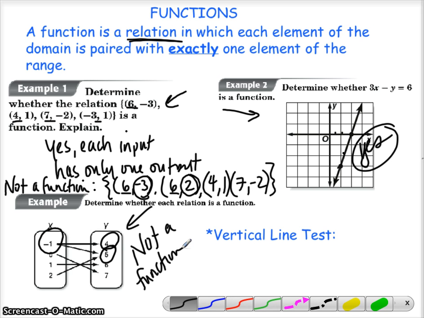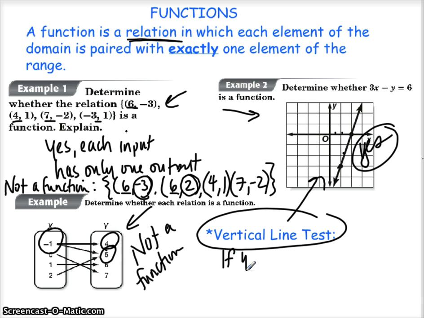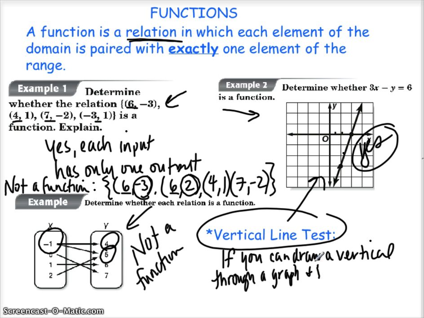Now, the vertical line test, that is something dealing with graphs like this. Okay, and what that tells you is if you can draw a vertical line through a graph and it hits the graph more than once, it is not a function.